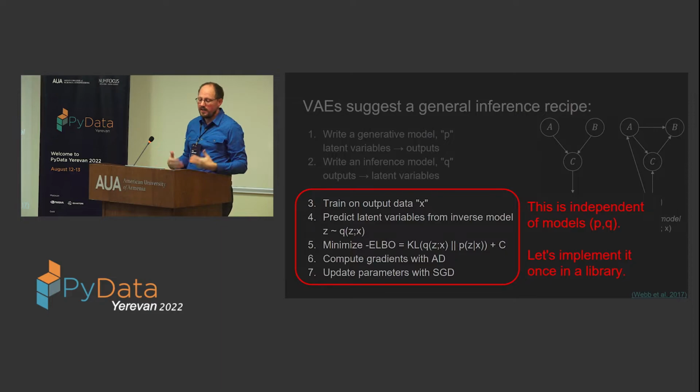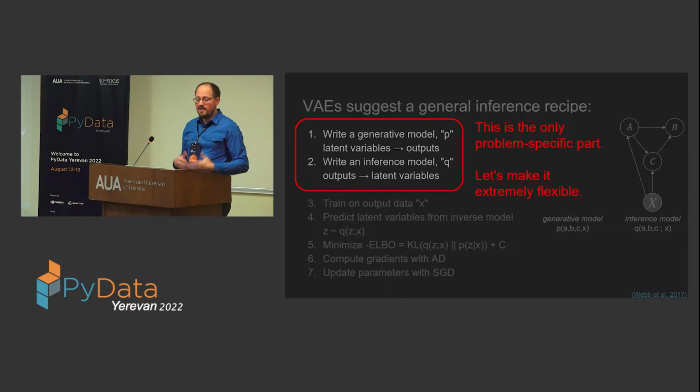In fact, you could plug in structured things, and this training algorithm didn't change at all, and that was exciting for people like David Blei and Justin Trian and Noah Goodman, because that meant they could implement it once in a library and then build a really flexible front end for defining these models, these components that we want to train.